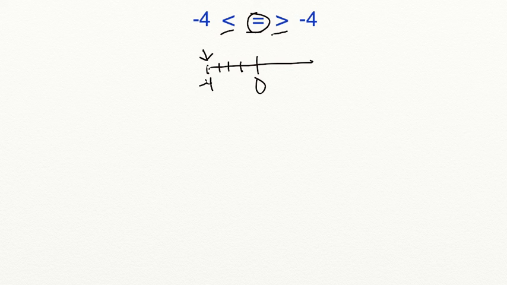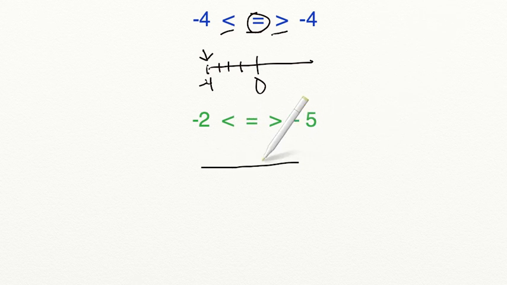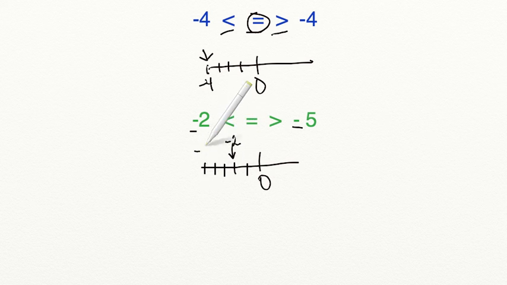Let's go ahead and try another one. Is -2 less than, equal to, or greater than -5? We'll have to think this one through. It might be best to draw it out. So we're going to have our 0, and since both numbers are in the negatives, we're going to have -1, -2, and we're going to label it, -3, -4, -5.